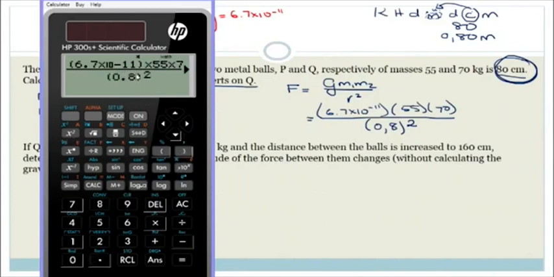And yes, I am being pedantic with my brackets, just to make sure that I'm getting it right, and then go equals. Okay, so this is 0.12345.